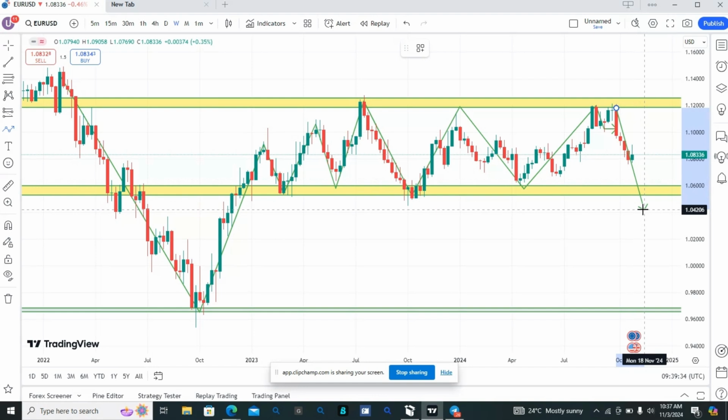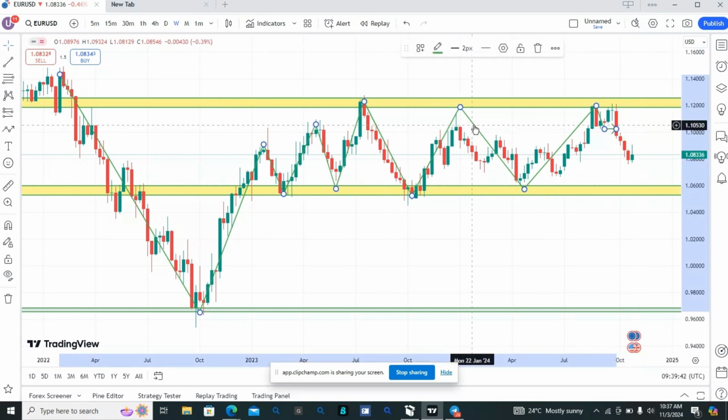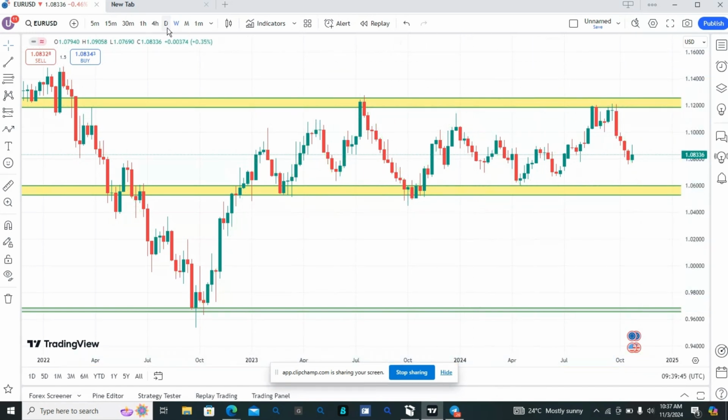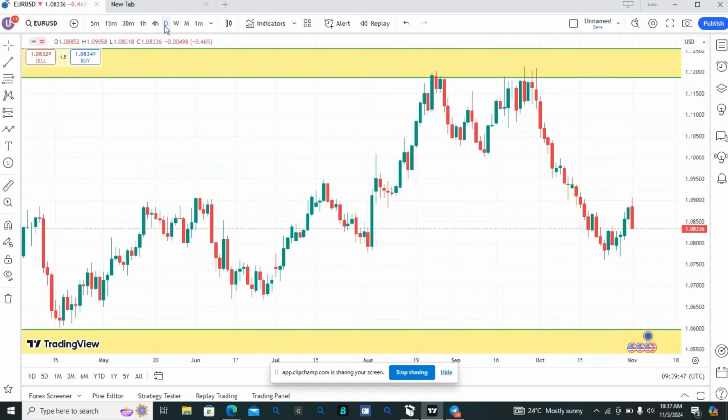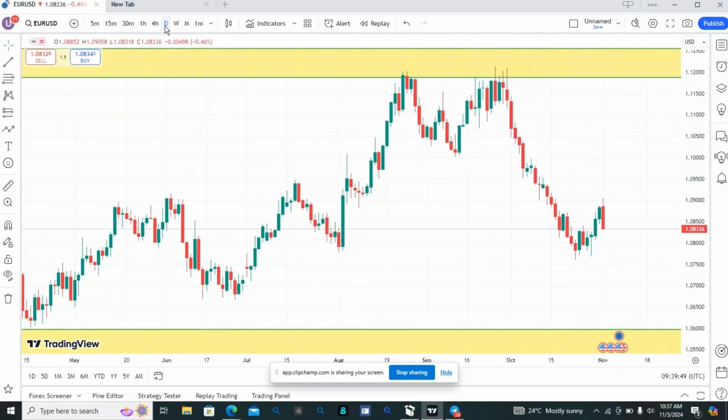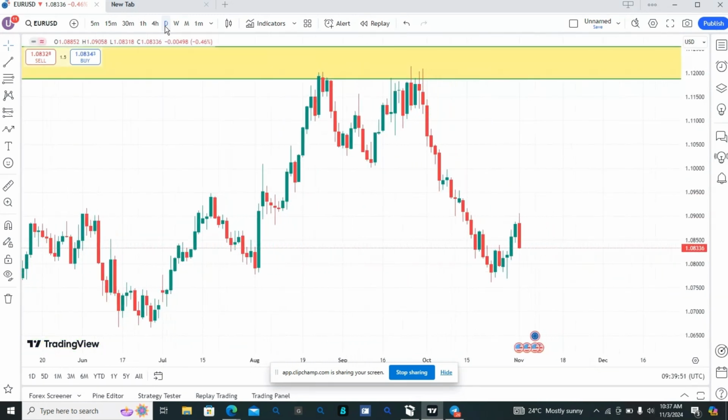So the question now, how do we join this sell down to this zone? Let's go to daily time frame and see how it looks on the daily before going to 4 hour time frame. So this is the daily time frame. You notice one thing on the daily.